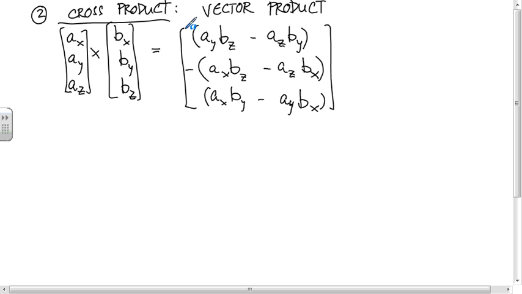And you can see this is called the vector product because you input two vectors just like you do for the dot product. But the dot product, you get a number as an output, and this you get a vector as an output.